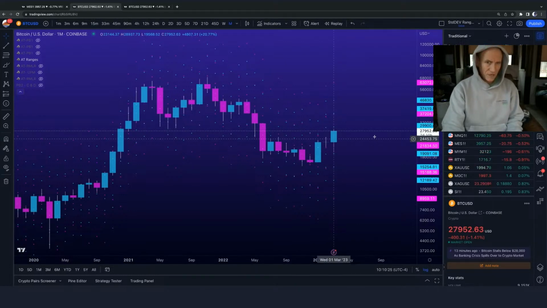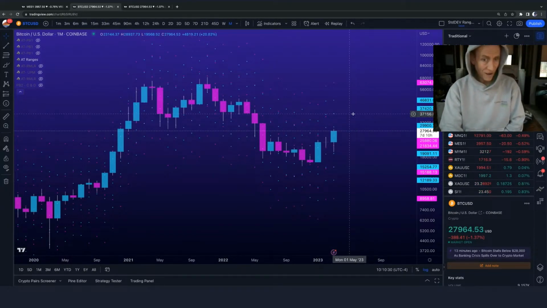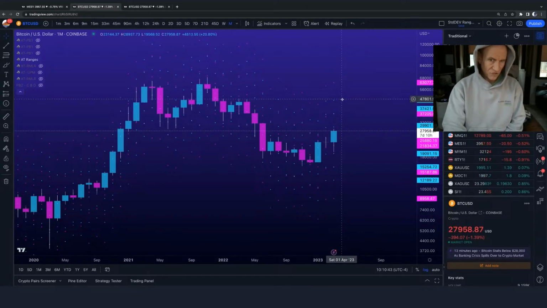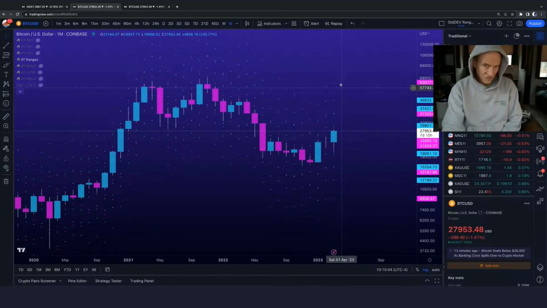But out towards the fat tails, the second standard deviation at 95.4% and the 95.4% Laplace range are most of the time going to be really close. Then you get into the fat tails. Here's the 3SD. Look at the 99.7 Laplace.